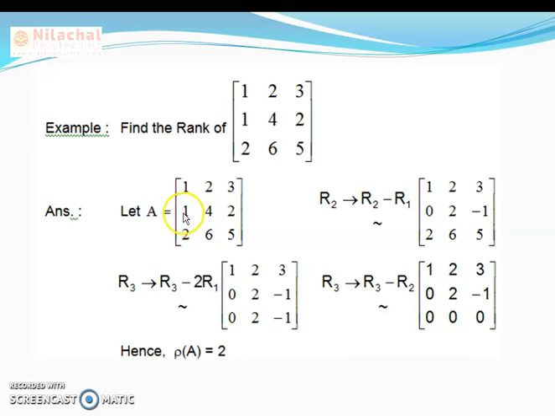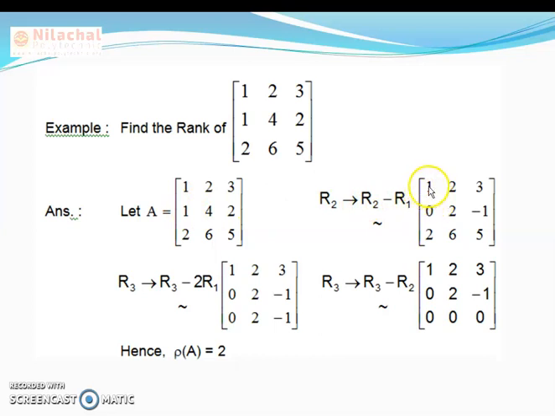This 1 belongs to R2, so R2 changes. Both the 1 and the 2 will be changed by using the first row only. Whenever you are writing any rule to convert to 0, you have to use the first row. So for R2 change, both are the same element, so you can just subtract, means R2 minus R1.